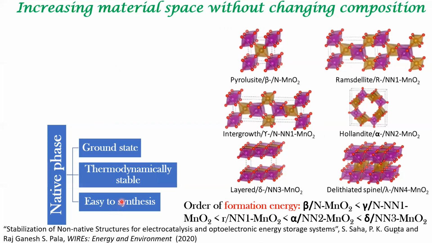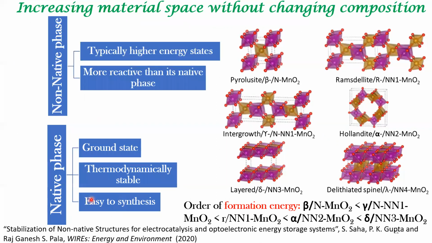These are typically easier to synthesize compared to non-native structures. These are the non-native structures. These are harder to synthesize. They're less stable compared to the native structure. In this case, I'm showing the structures involved in the non-native structures of MnO2.